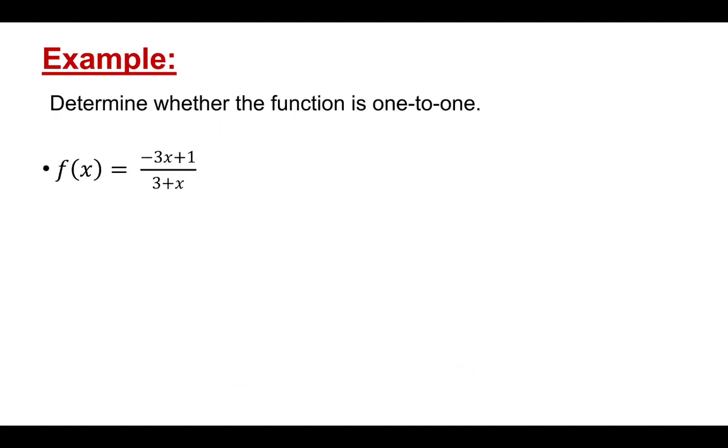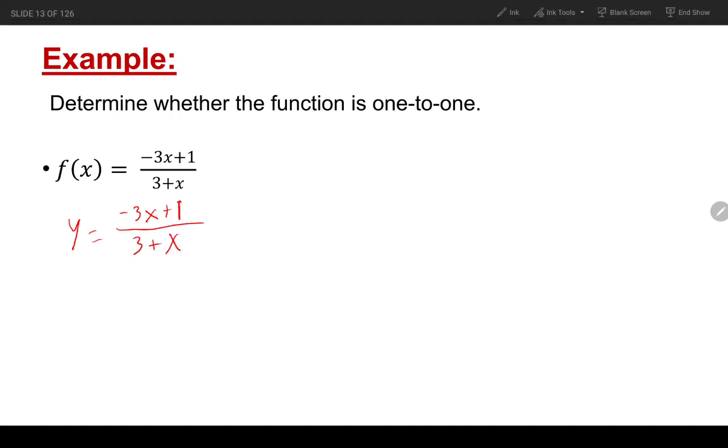All right, so here we have this function. Again, same situation. I'm going to start by saying y equals, and I have negative 3x plus 1 over 3 plus x.